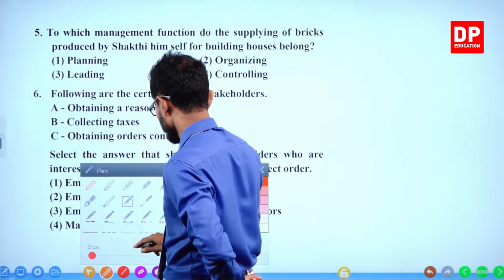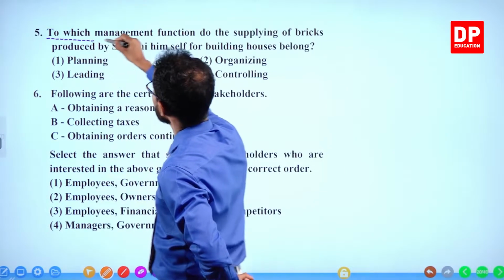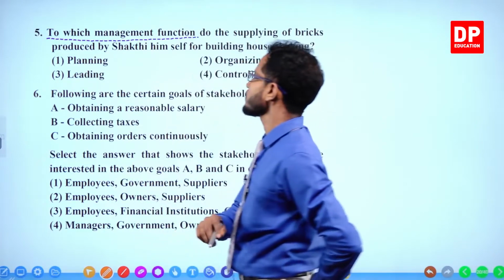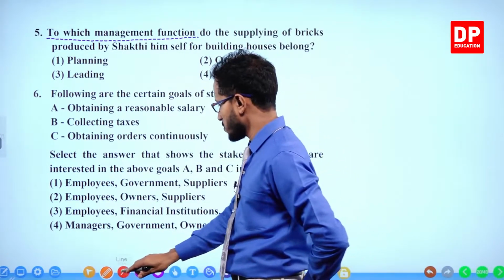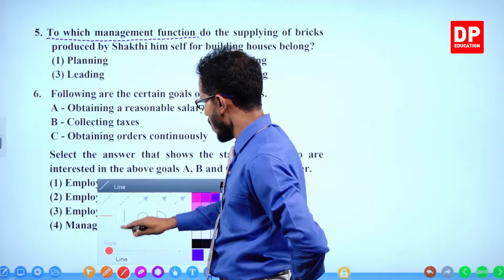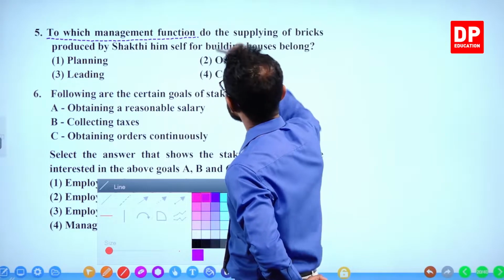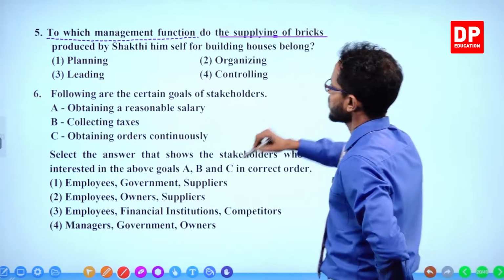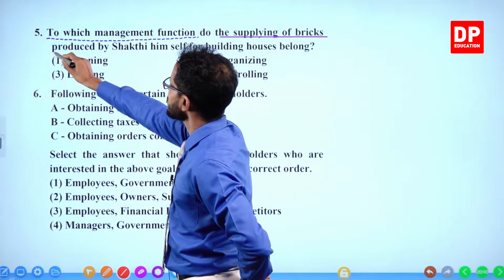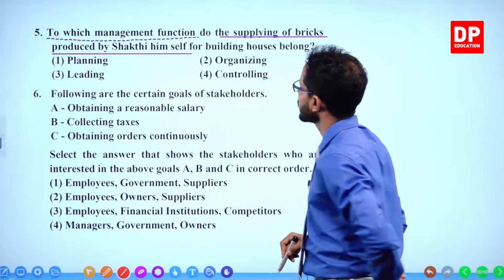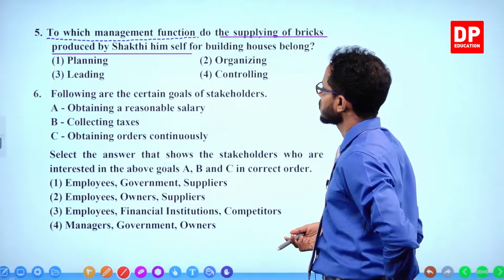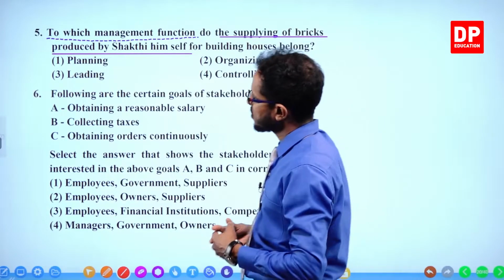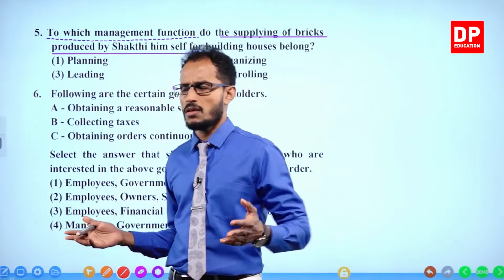Supplying of bricks produced by Shakti himself belong to which management function? Management functions we discussed.